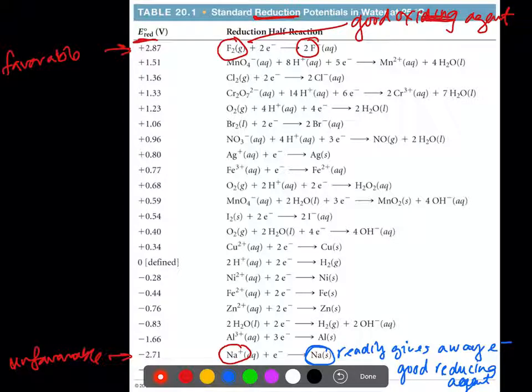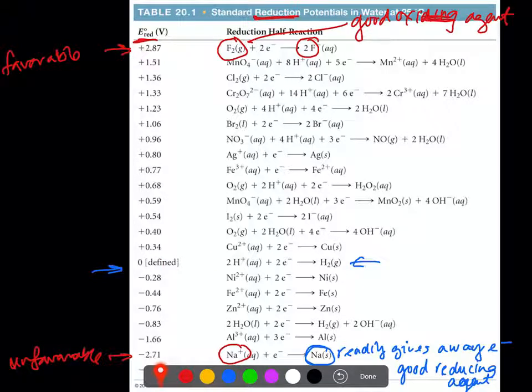Okay, and then here is your standard hydrogen electrode, which is not favorable in either direction, and that's the standard by which everybody else's reaction E0 value is measured, which goes back to that figure in your book, where we have our standard hydrogen electrode compared to some other reaction. That's basically how we're setting our values based on this one right here.